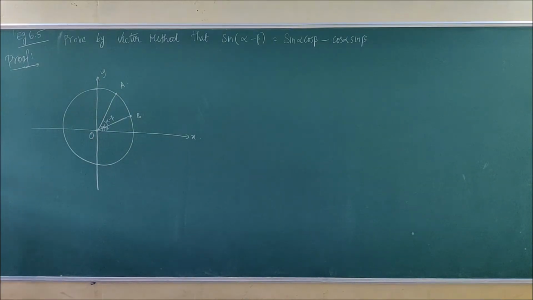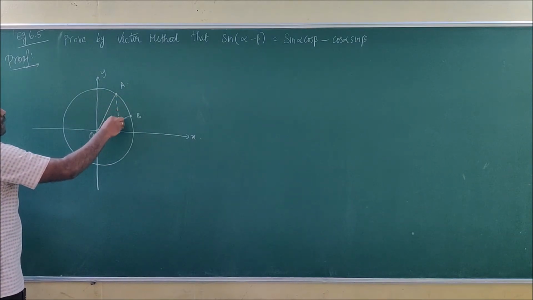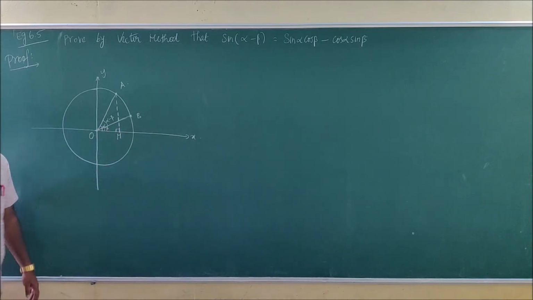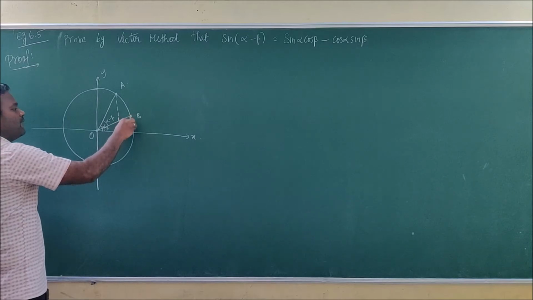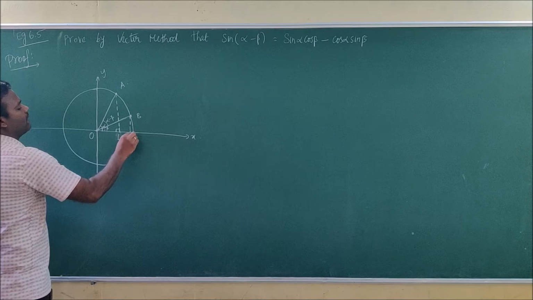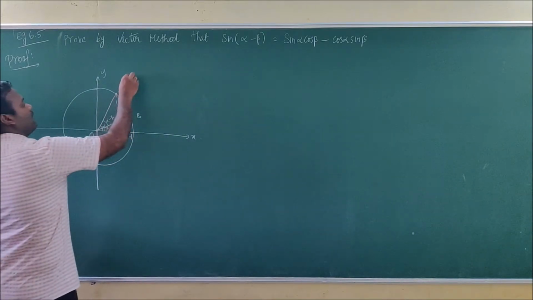The next thing I am going to do is make a construction. You have to draw a perpendicular line AM, perpendicular to the x-axis, and also from B you have to draw a perpendicular line. We can take this point as L and this point as M. Next you have to write the coordinates.